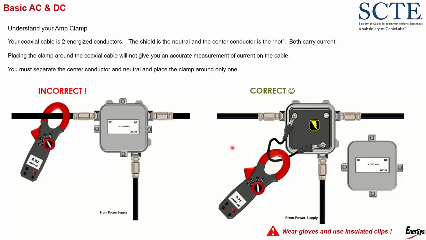Some guys, I've asked them before, well, how do you separate your center conductor from your shield? And they'll say, well, cut back the shield. Well, if I do that, I no longer have a complete circuit and current is not going to flow. So in this case, I do have a complete circuit. Current is flowing through my center conductor, and my amp clamp is telling me I have 8.71 amps of current flowing down the left side.